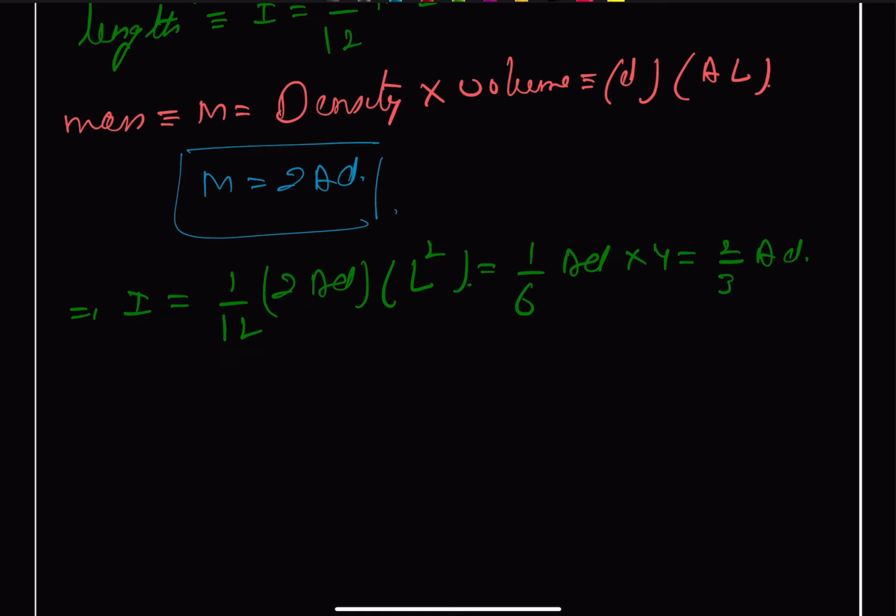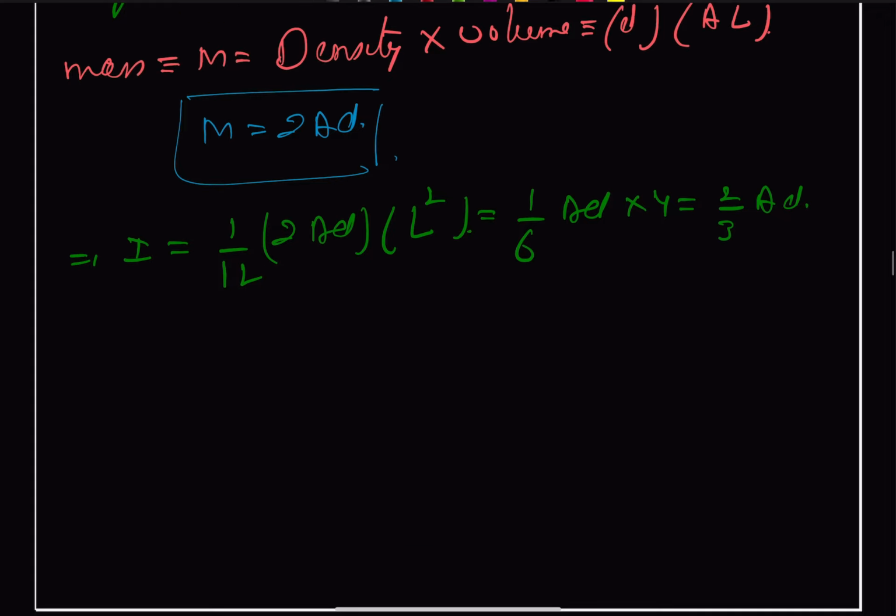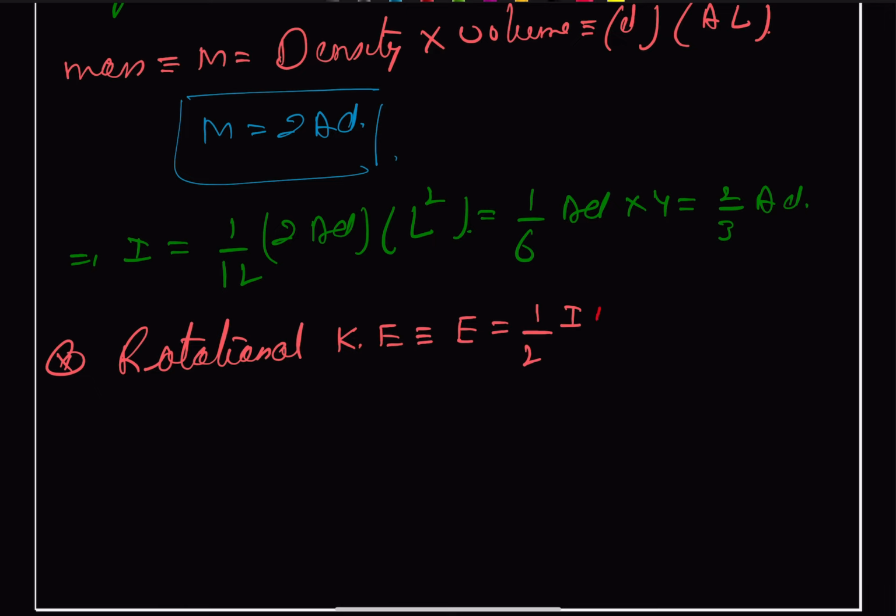And we are only interested in rotational kinetic energy. So you can say rotational kinetic energy, which is our E, is equal to half I omega square.